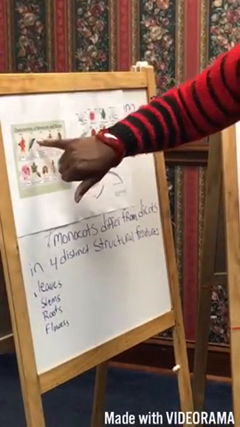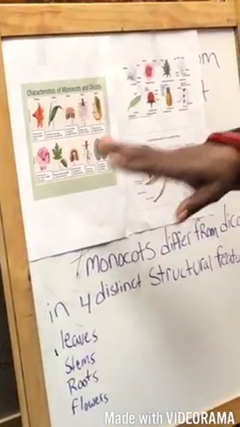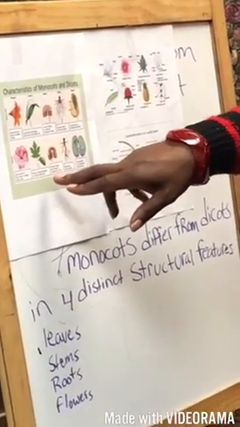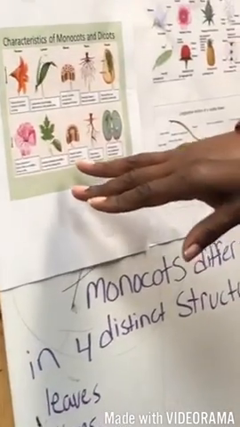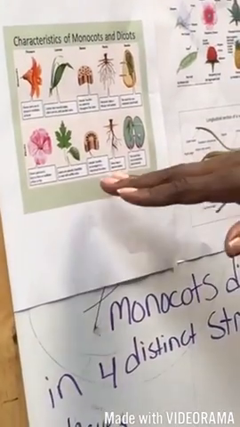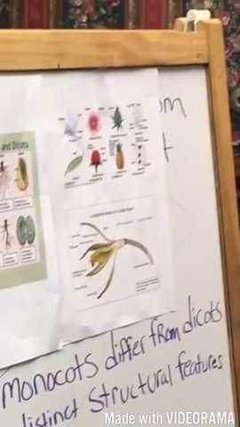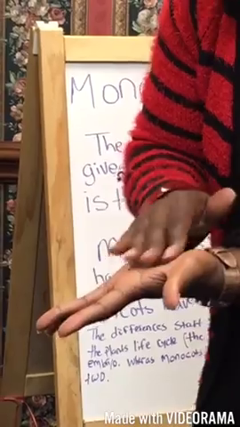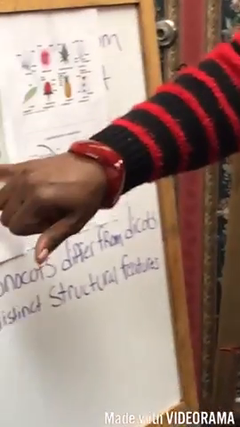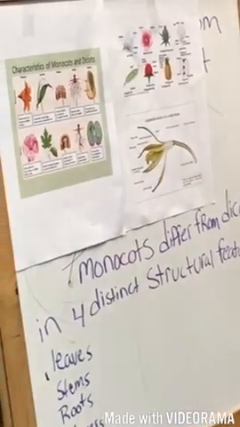And I don't know if you all can see the veins in this leaf. And in the dicot, leaves are palmate, hand-like. So if you look at the palm of your hand and you look at the lines in your hand, it resembles the leaves on a dicot.